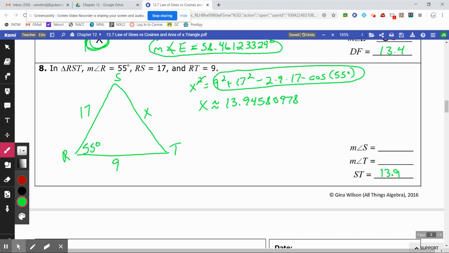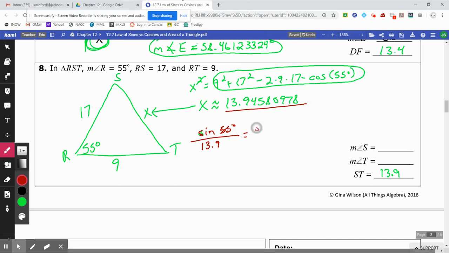Because I'm about to use that for that side, along with the law of sines that says, let me change colors, the sine of the angle over the side across from it, 13.9. But again, I'm not going to use 13.9. I'm using 13 point that equals, and then whatever you're looking for.